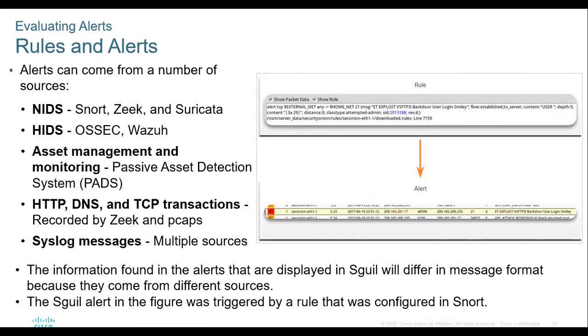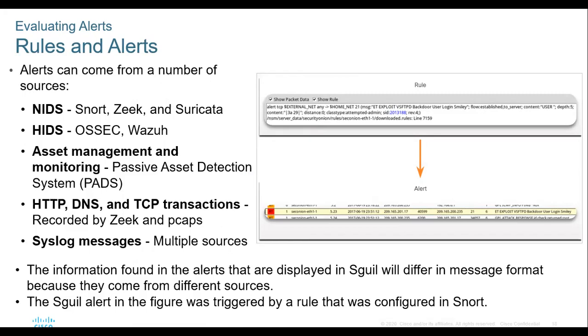HIDS, we have OSSEC Wazuh. Then asset management and monitoring, we have the Passive Asset Detection System, PADS. Then the HTTP, DNS, and TCP transactions are recorded by Zeek and PCAPs. Then syslog messages, you have multiple sources.